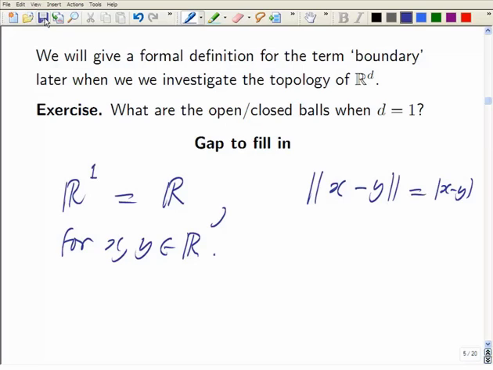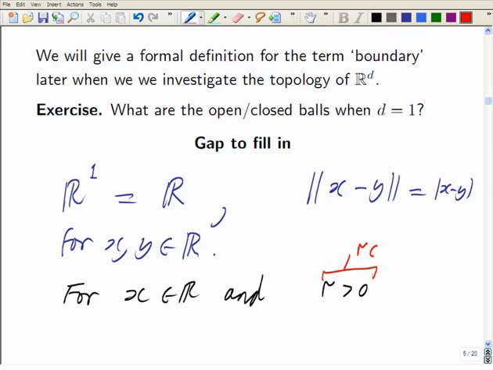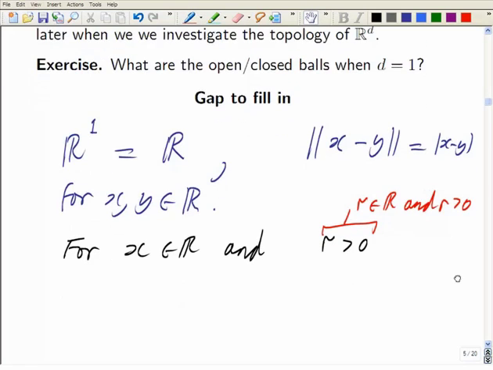Your task then is to take the definition of the open ball and the closed ball and figure out what it means. So for x in R and a positive real number r, that shorthand, if I write r greater than 0, I mean that r is a real number and that r is greater than 0.